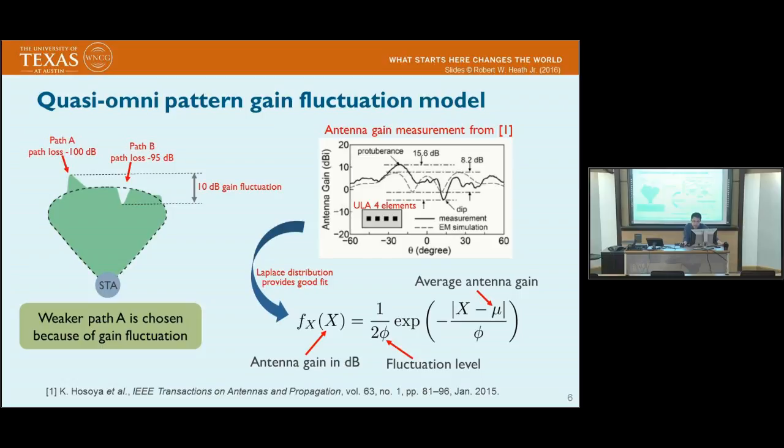It can be a dip, or it can boost more than the average antenna gain that you should expect from ideal antenna arrays.